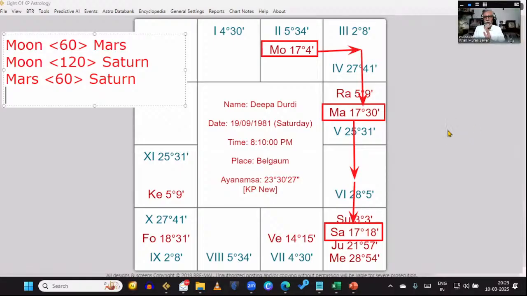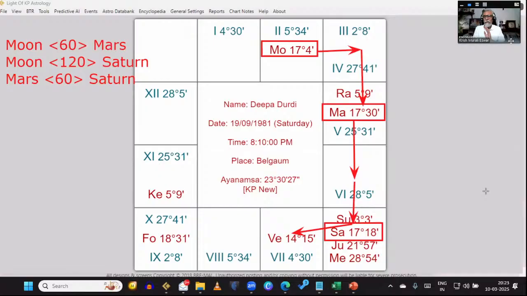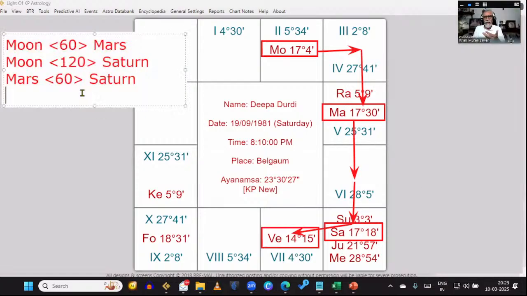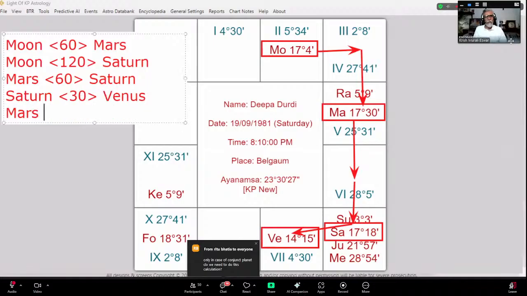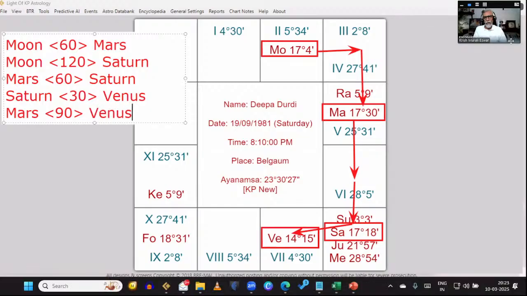Right. So now you take a look at Saturn to Venus. What is the degree? Plus 30 again. 30 minus 3 degrees, so 27 degrees. Saturn is at 30 degrees to Venus. Mars will be 90 degrees to Venus.